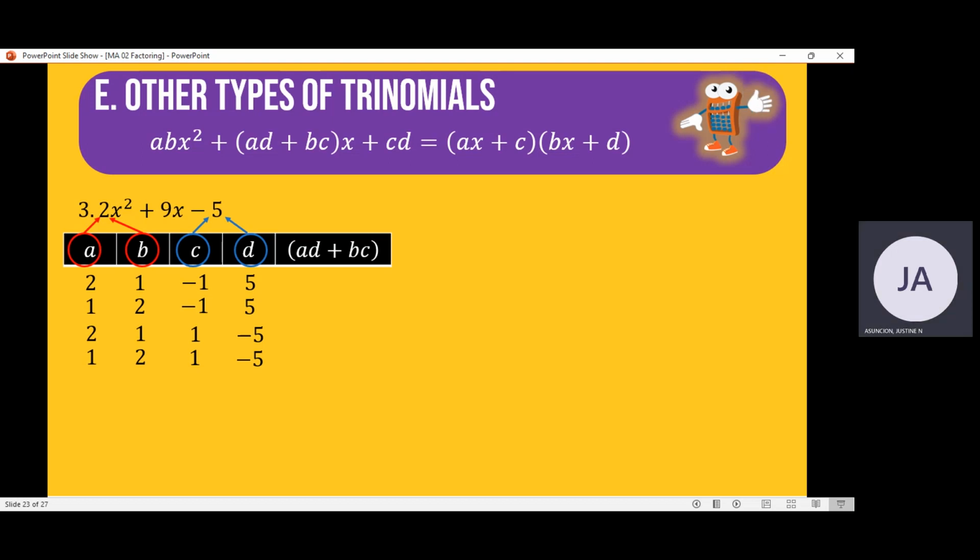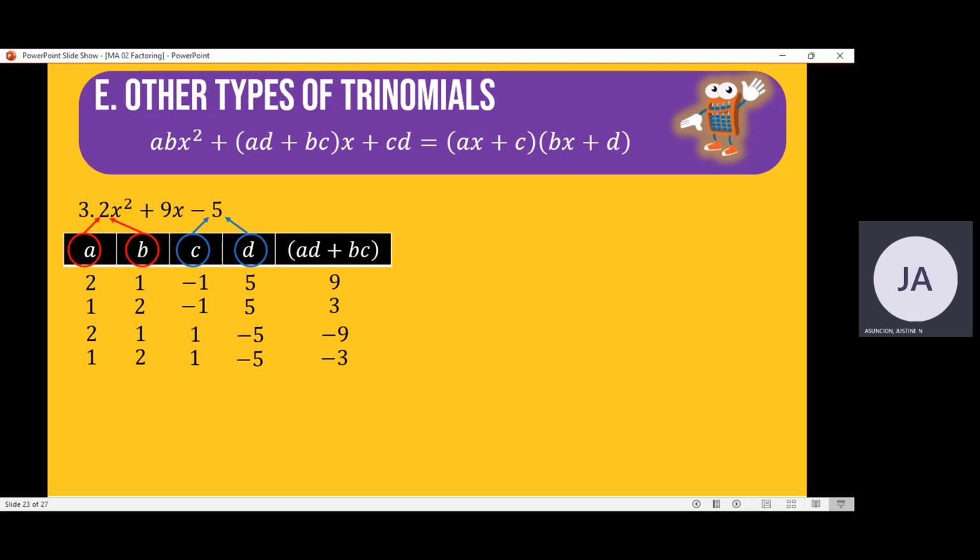So you multiply A and D, also B and C, and you add them. Just like what I've said earlier, we have the first combination as 9, the second combination as 3, the third combination as negative 9, and the last one is negative 3, and so on. Again, there are lots of combinations here.